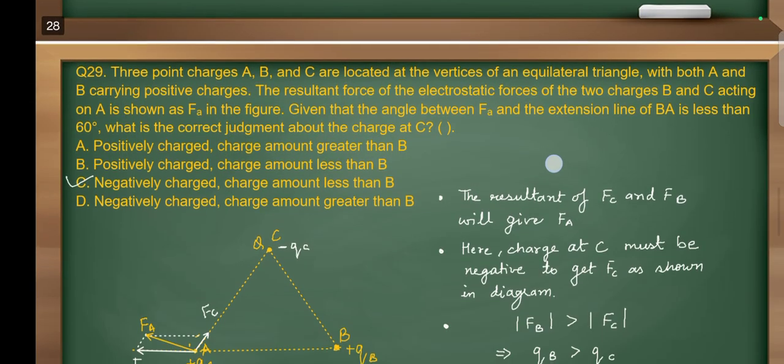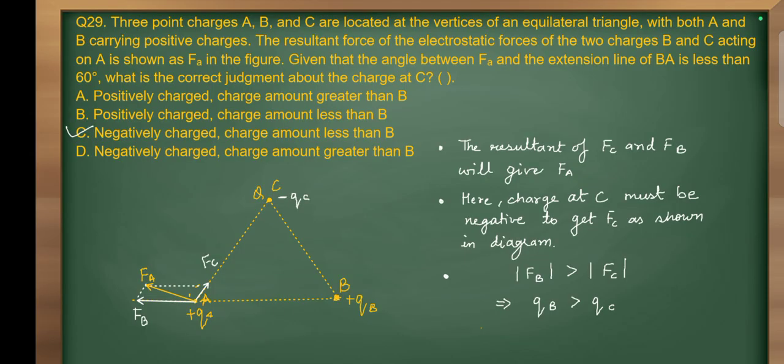Question number 29. Three point charges A, B, C are located at the vertices of an equilateral triangle with both A and B carrying positive charge. The resultant force of the electrostatic force of the two charges B and C acting on A is shown as Fa in the figure.